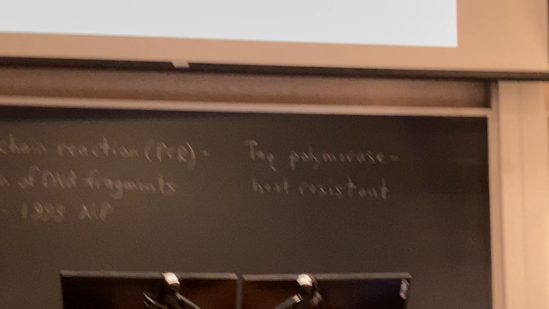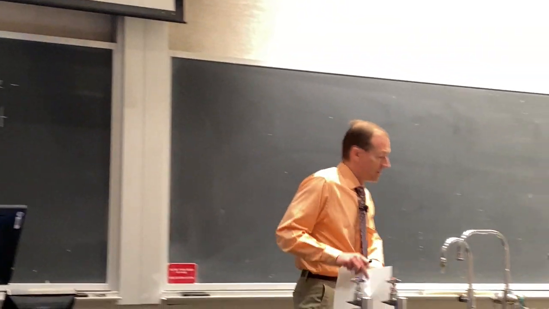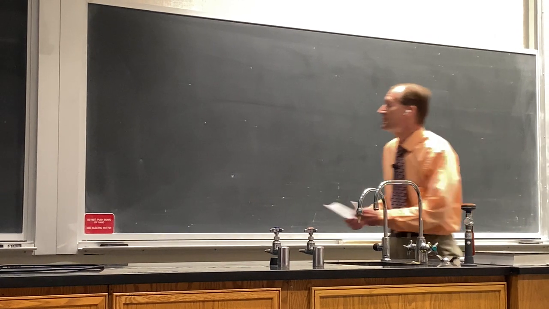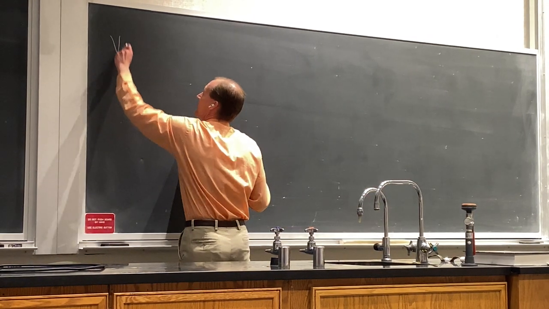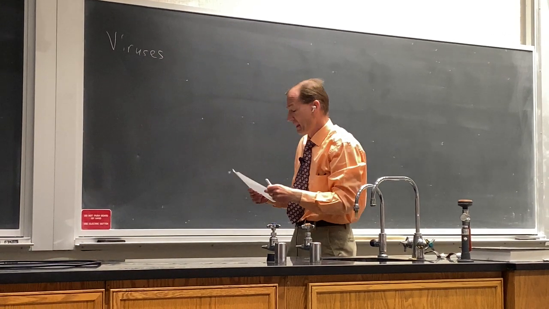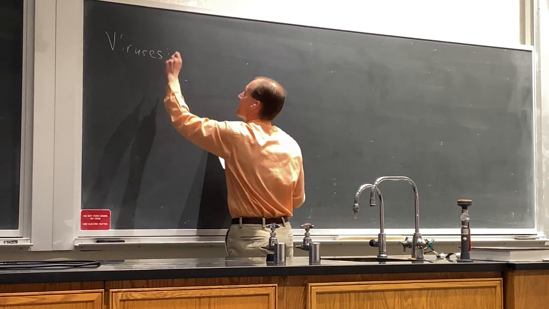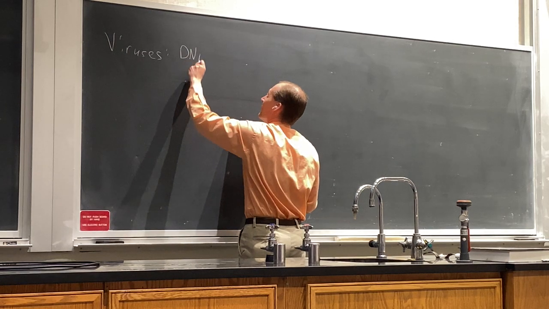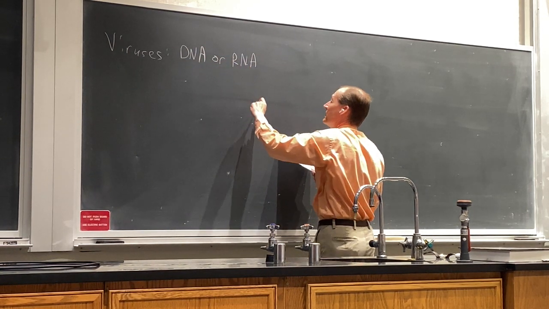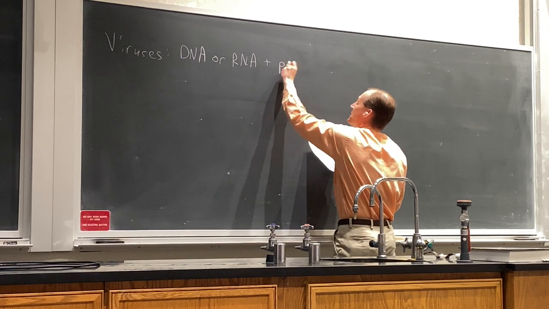Okay, so let's talk now about viruses. Viruses fit in this chapter because viruses contain nucleic acids. Viruses are going to be comprised of DNA or RNA plus a protein coat.